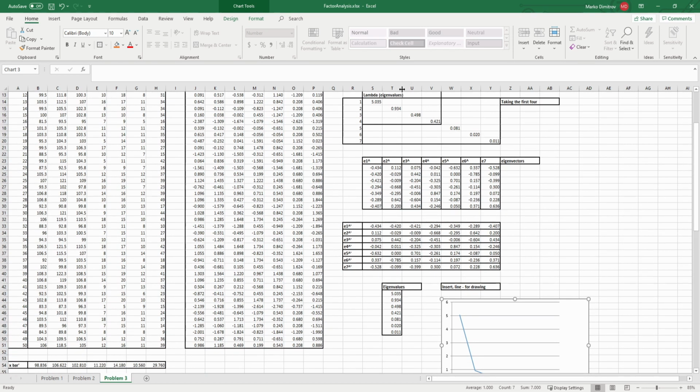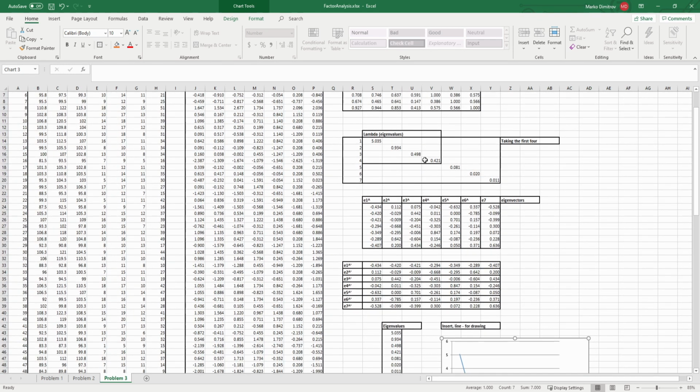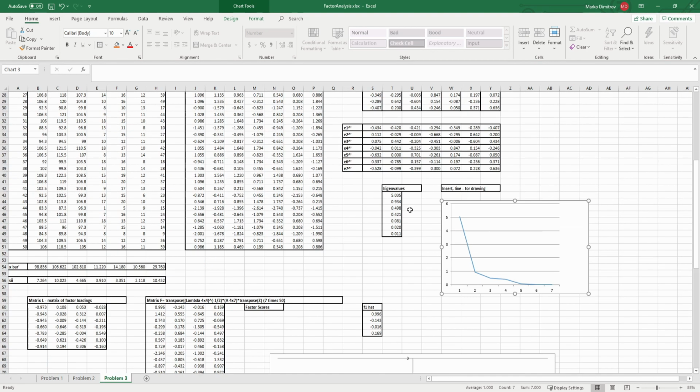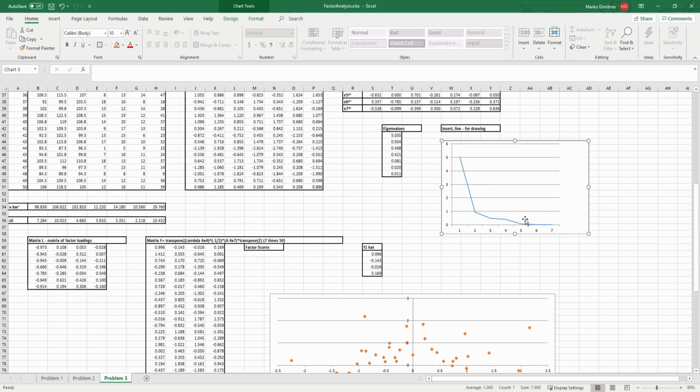Even if you choose 3, it would be okay, but because 3 and 4 are close, it's perhaps better to include both of those. But when you work in practice, you can always use multiple methods, and every method should give similar results. By method, I mean the method of maximum likelihood or the method of principal components. Okay, so we already drew this in principal components, those are our eigenvalues.